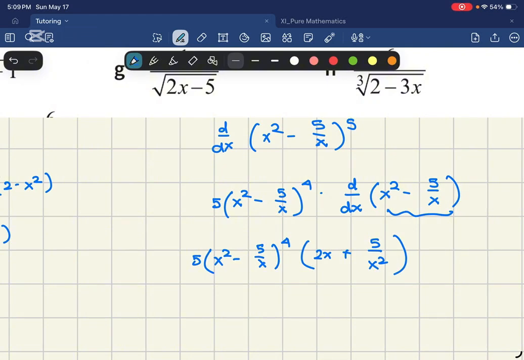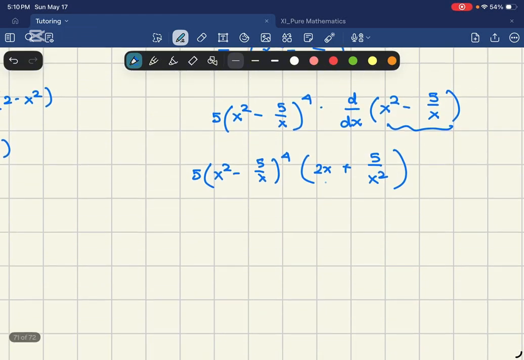And minus minus will give you plus. So overall, you're going to get this expression. And when you put 5 inside, you're going to get (10x + 25/x²)(x² − 5/x)^4. So that is your solution for the last one.